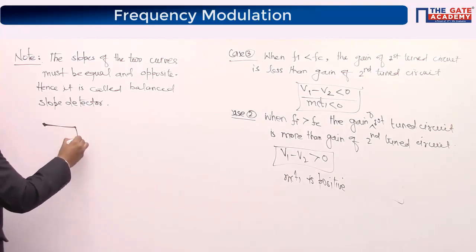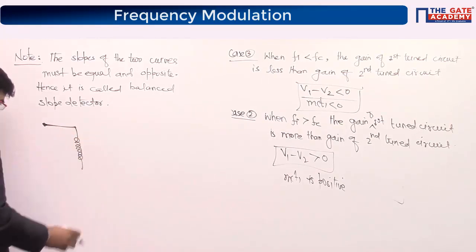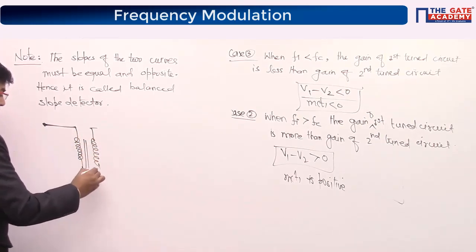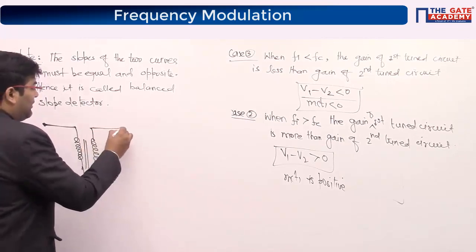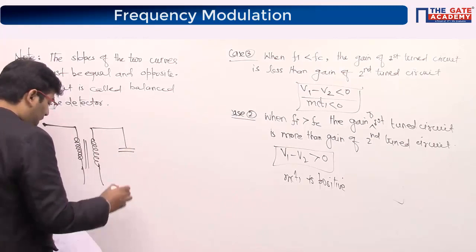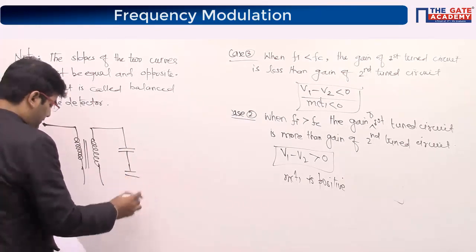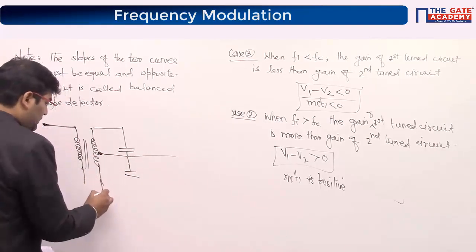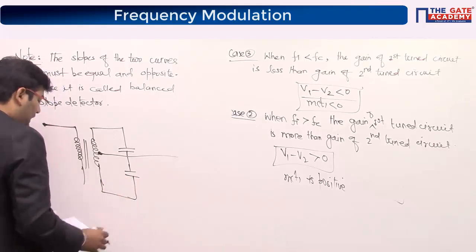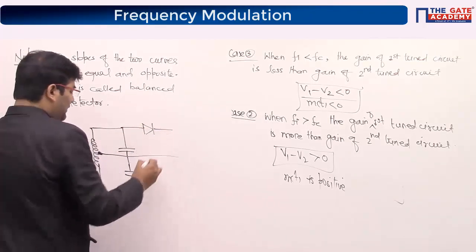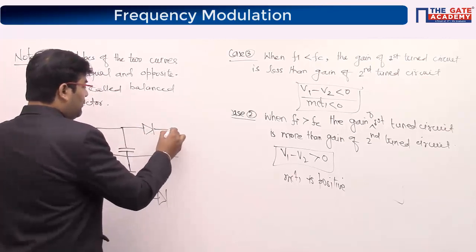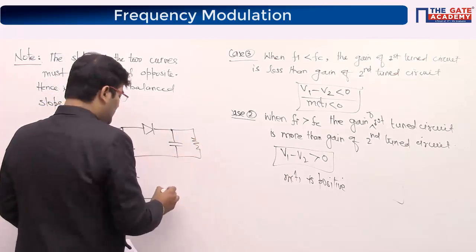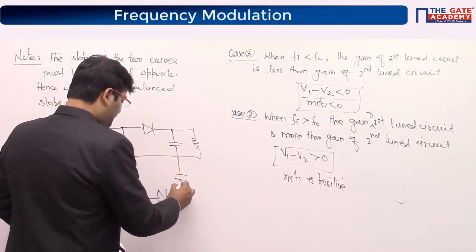So we have our transformer here, see? Okay, and tuned circuit means you will have capacitor, dividing into two parts, and after that you should have an envelope detector, so you will have a diode, and then you have another capacitor like that, discharging thing, and one resistor in both of them.